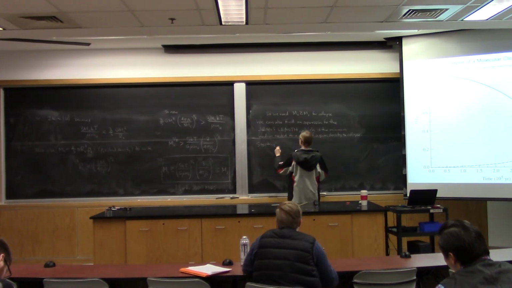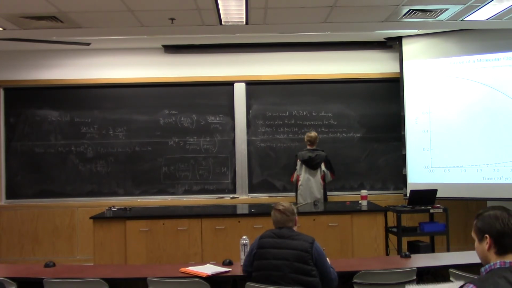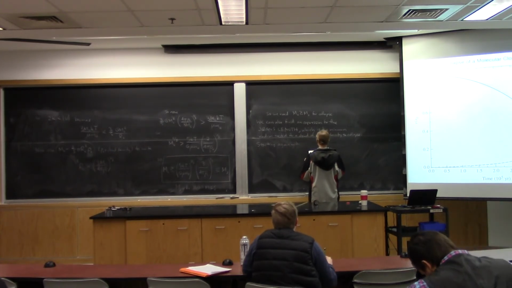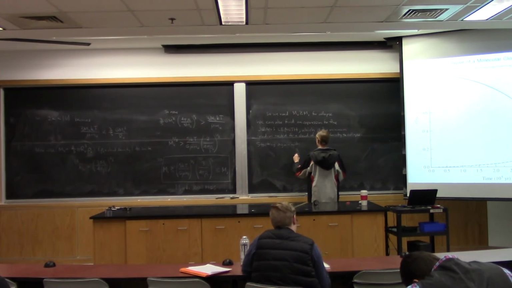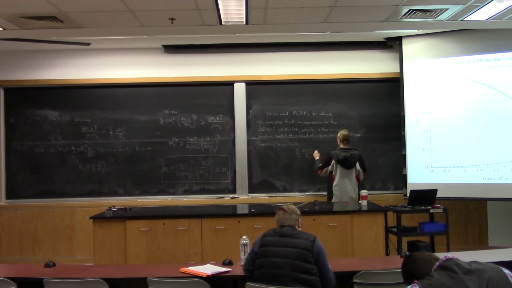So we're going to start again with the expression we had before. Starting again with 3/5 G mass of cloud squared over R cloud is greater than 3 M cloud kT over mu m_H.